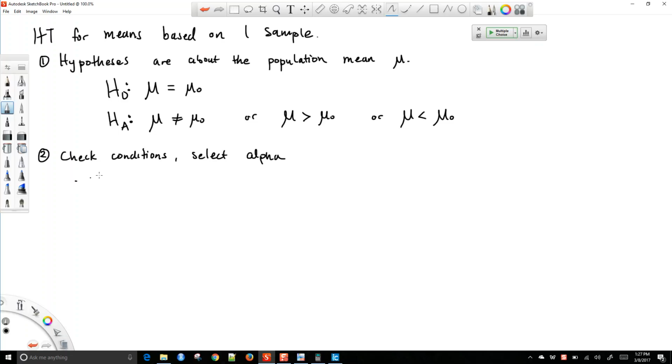The conditions, these are the same conditions. The random and independent condition, the large sample condition, and the big population condition.